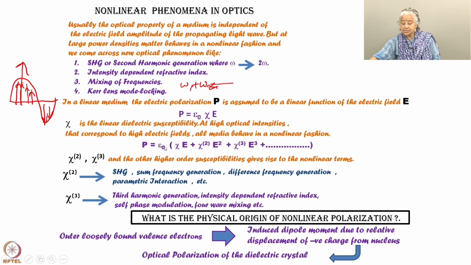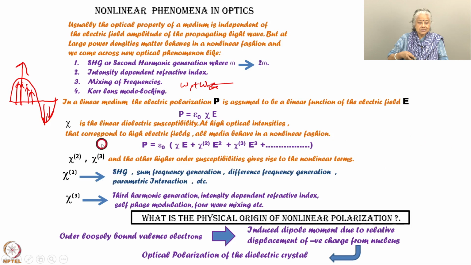So, at high intensities, your polarization is composed of two elements. One is the linear part and one is the nonlinear part. Now, let us see what this nonlinear part is. Chi 2, chi 3 and other higher order susceptibilities give rise to the nonlinear terms. Okay. There is chi 4, chi 5 and higher orders also.